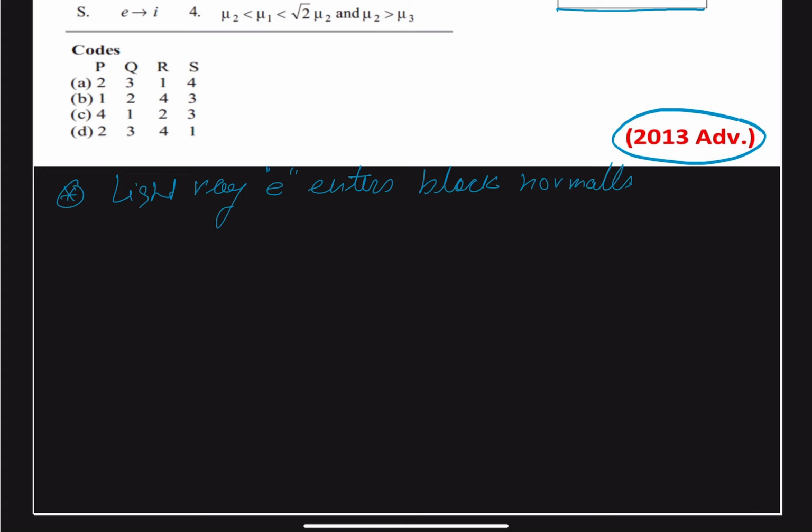Therefore, no refraction at entry. And inside the block we have a prism, and the ray interacts with two surfaces. One is our prism and block interface, and the other is the outer surface, that is block and outer medium.